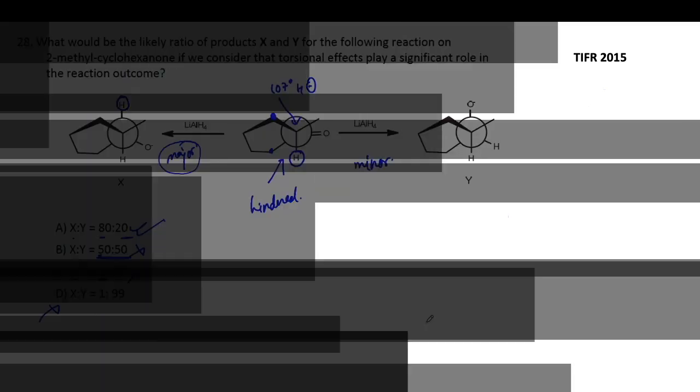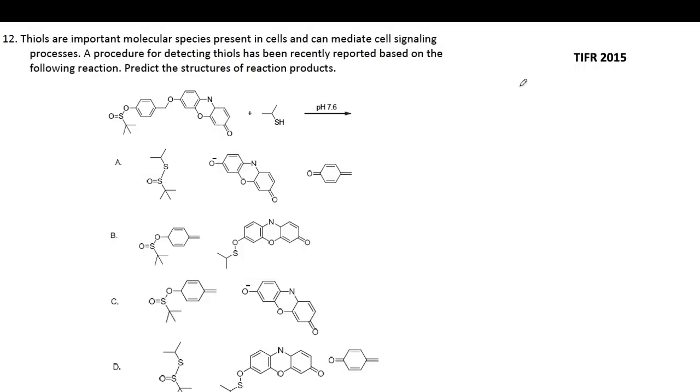Very nice one. Now moving onwards to another question from TIFR 2015, that is asking you, thiols are important molecular species present in the cells and can mediate cell signaling processes. A procedure for detecting thiols has been recently reported based on the following reaction.